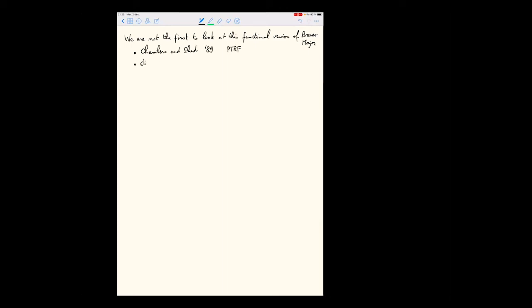And then a slight improvement, because you will see that this is an improvement, but you don't gain too much, by Ben Harris, who was a PhD student of Jean Bretagnolle, in 2002, published in the Journal of Multivariate Analysis. And so let me just give you Ben Harris' condition, which is very close to what Chambers and Slud did also. So Ben Harris' condition.